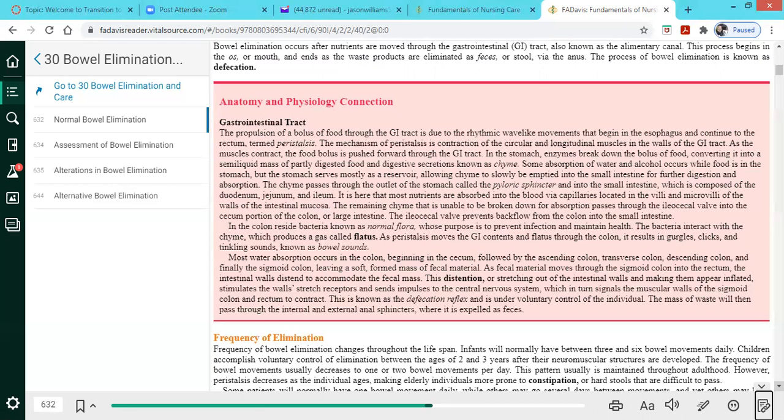In the small intestines, the chyme is more liquidy, and as it travels to the large intestines, the stool becomes more formed because water is being absorbed from the waste in the large intestines, and then it passes into the rectum and out the anus.